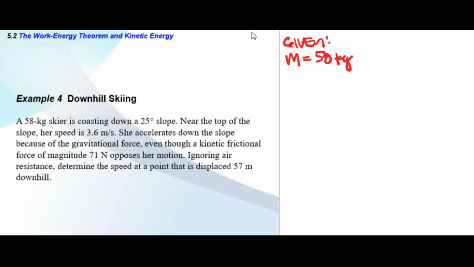Now we have the angle of inclination, 25 degrees.